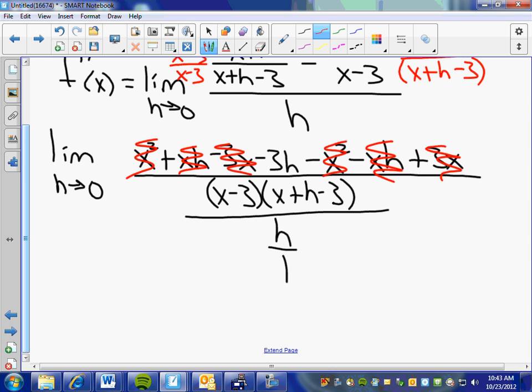When you multiply by the reciprocal, you're going to end up with h in the denominator, correct? And then, when you get that h in the denominator, that h will cancel. I multiply by the reciprocal, 1 over h.